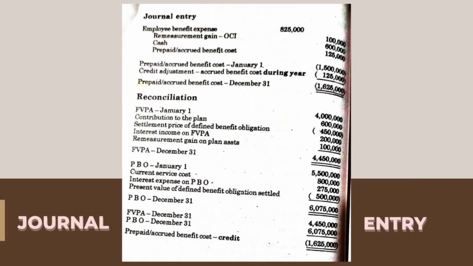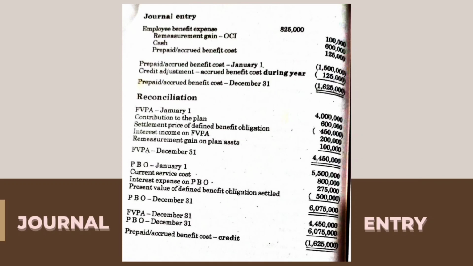So the PBO on January 1 is 5,500,000. The current service cost is 800,000. The interest expense on PBO, 275,000. The present value of defined benefit obligation settled is subtracted, 500,000. And the PBO on December 31st will be 6,075,000.